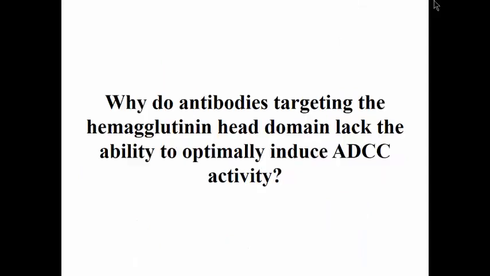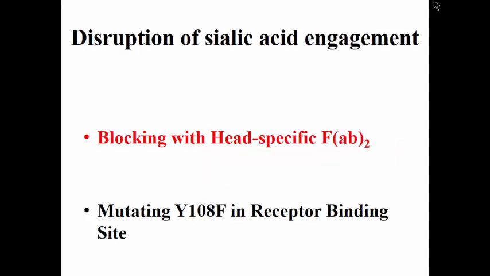We were able to show that, in order to get the best ADCC activity, these antibodies really need this sialic acid interaction. We were able to block the sialic acid interaction with a Fab fragment, and also by mutating the receptor binding site.